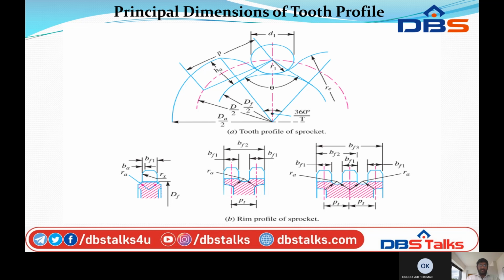The distance between the two hinges is the pitch P. Next, the heights are DA by 2, D by 2 and DF by 2. The angle is 360 divided by T. The diameter of the small circle is D1.